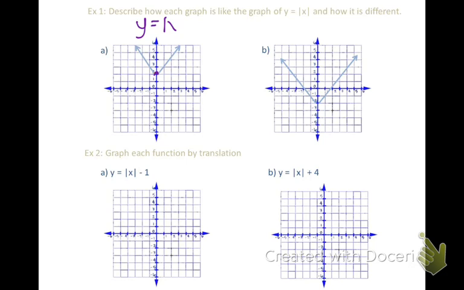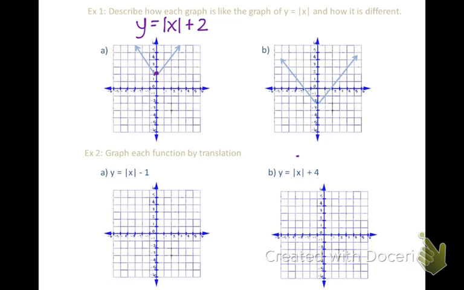Again, I have my number attached to the outside of my absolute value. So I have the absolute value of something, and it's a positive 2, so this one's a plus 2. It's a little different when you go inside of it, but I'll show you that in a second. So that is your answer, because it's a plus 2. I went up 2.